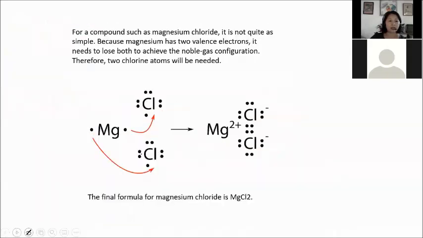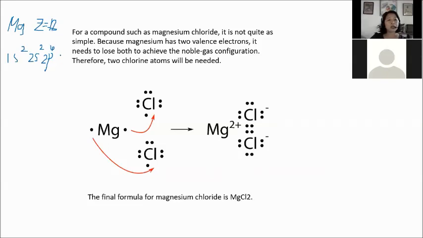Okay. So another example is Mg and Cl. Take note that Mg belongs to group 2. The configuration of Mg with atomic number equal to 12 is 1s2, 2s2, 2p6, and 2, 4, 6, 8, 10.